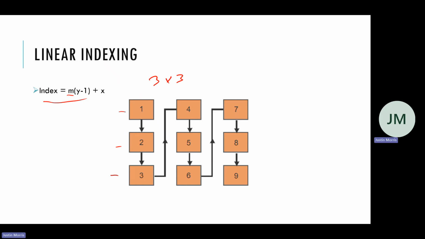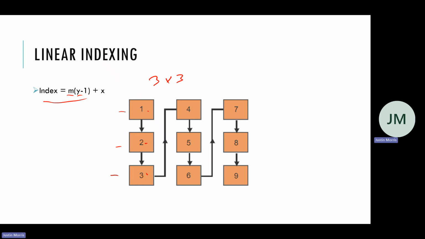And then we subtract 1 because if we're accessing column 1, then there's no need to have this offset, because then x would tell us 1, 2, or 3. Are we good with this linear indexing?